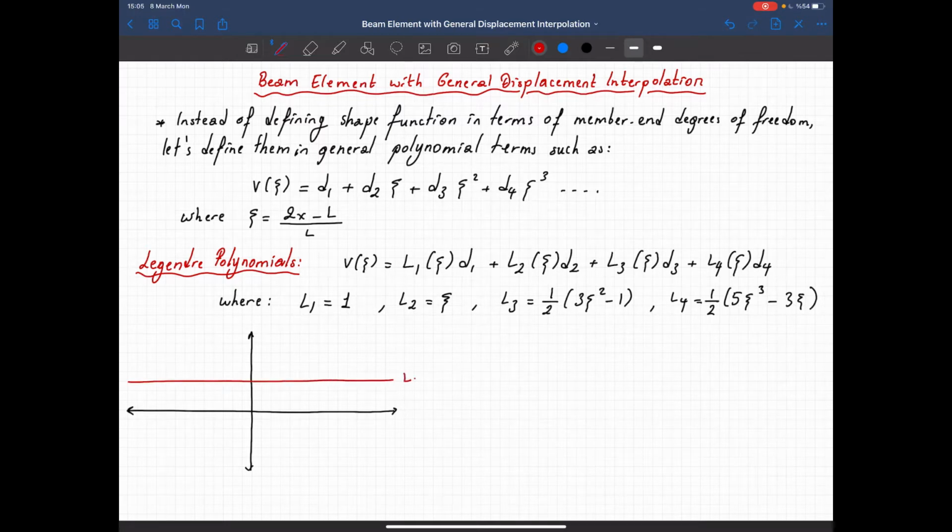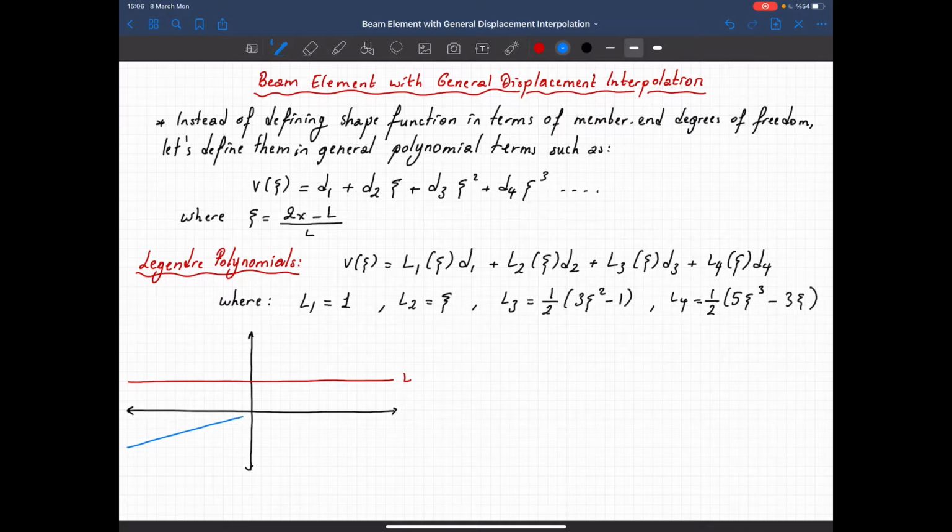So that's L1. It's always equal to 1. The second function varies from -1 to 1. It's difficult to draw. Let's see if I can do it.